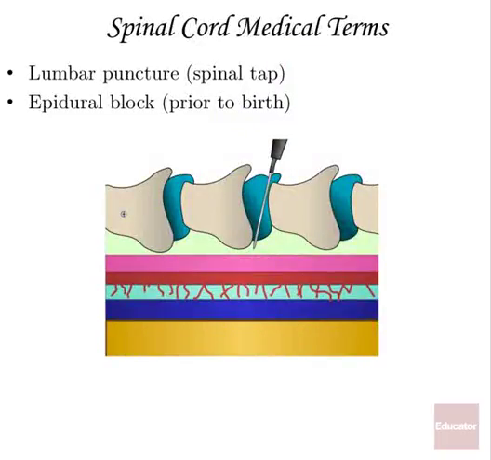Spinal cord medical terms. Two things you may have heard of I want to explain a little bit about. A lumbar puncture or spinal tap is a way of withdrawing some cerebrospinal fluid to do certain tests. That would be the way that meningitis is diagnosed. So if you go into the hospital with symptoms of meningitis, they want to test for certain if you have that particular infection going on.